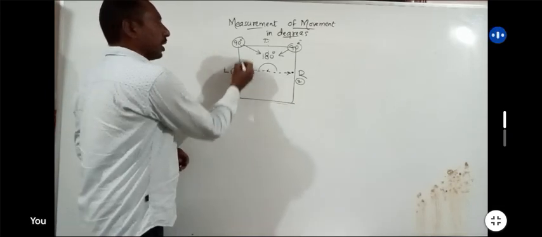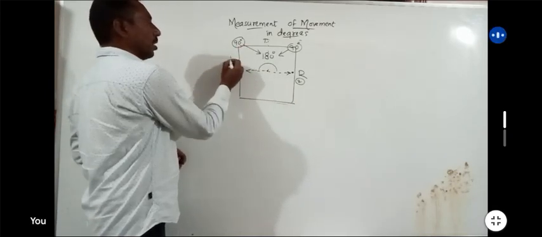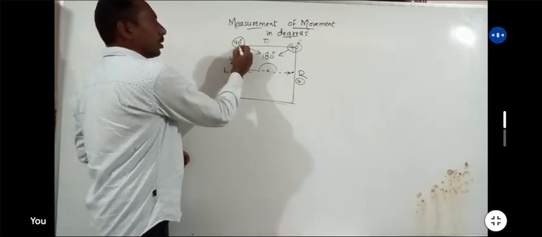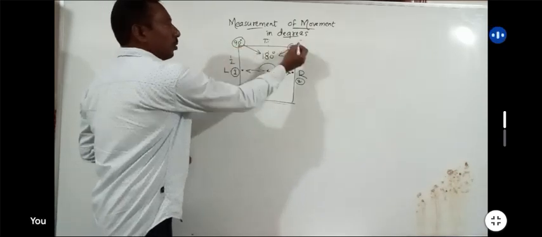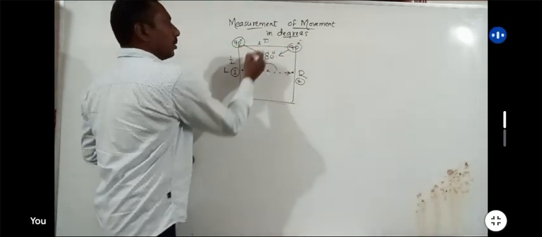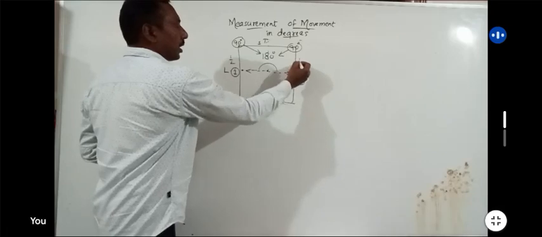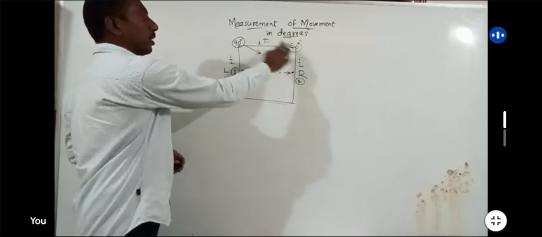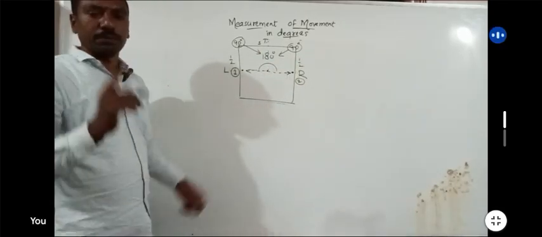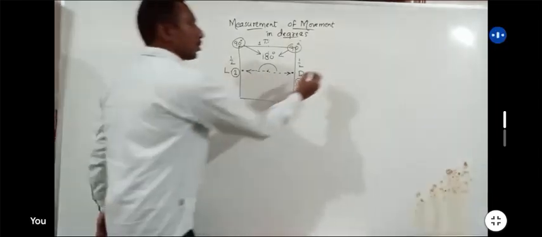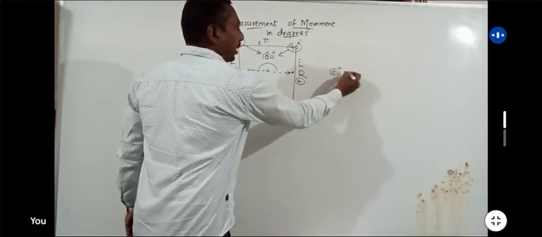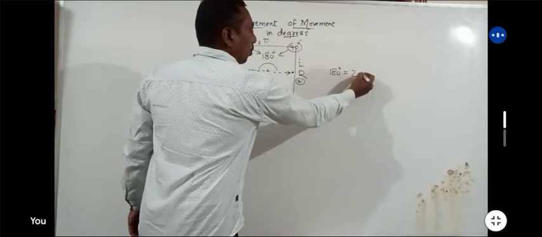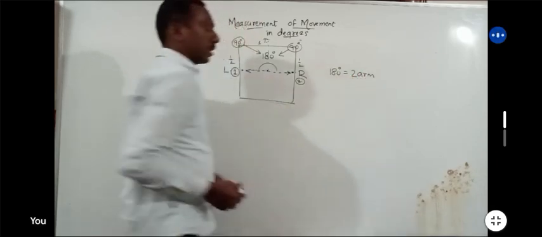From here to here, it is half arm. From top left to top right, one arm. From top right to right, another half arm. Together, it will become two arms. So you can equate 180 degree movement to two arm movement.